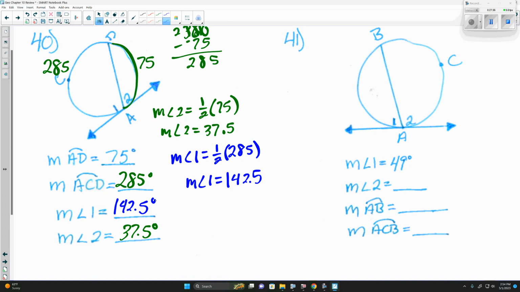Now, angles 1 and 2 that make that line should add together to be 180 because it is a straight line. Angle 1 is 49, and as I just said, 1 and 2 should make a straight line, so they should add together to be 180. So I can subtract 49 from 180. Now to go back to the arc, we'd multiply it by 2.